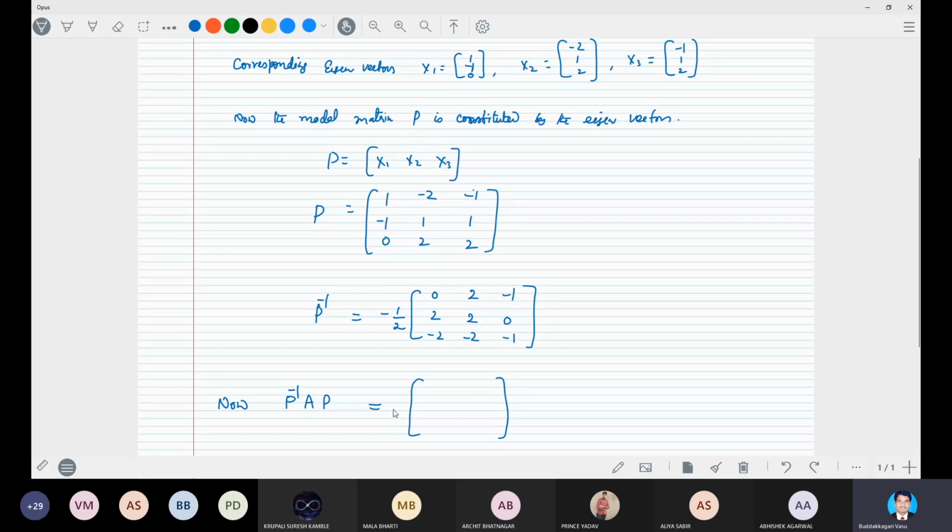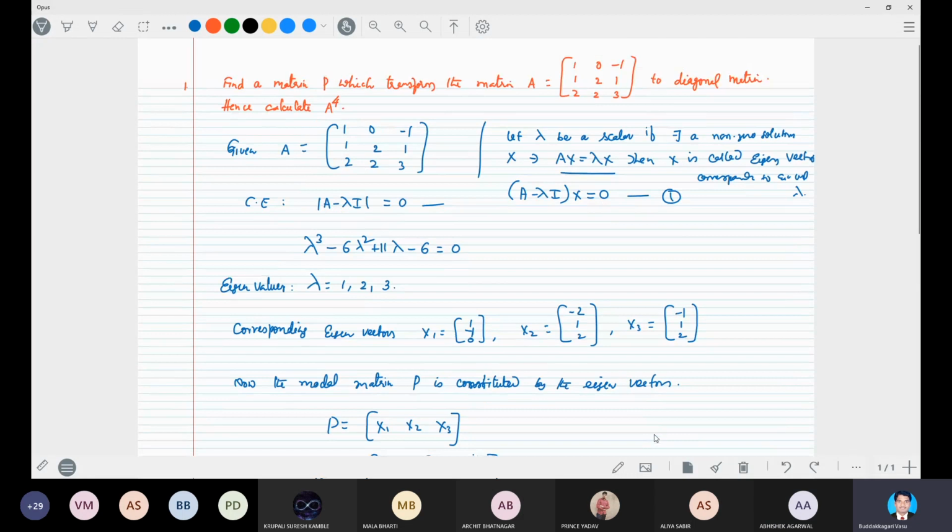P inverse is minus 1 by 2 into 0, 2, minus 1, 2, 2, 0, minus 2, minus 2, minus 1, into A. What is the A matrix? 1, 0, minus 1, 1, 2, 1, 2, 2, 3.